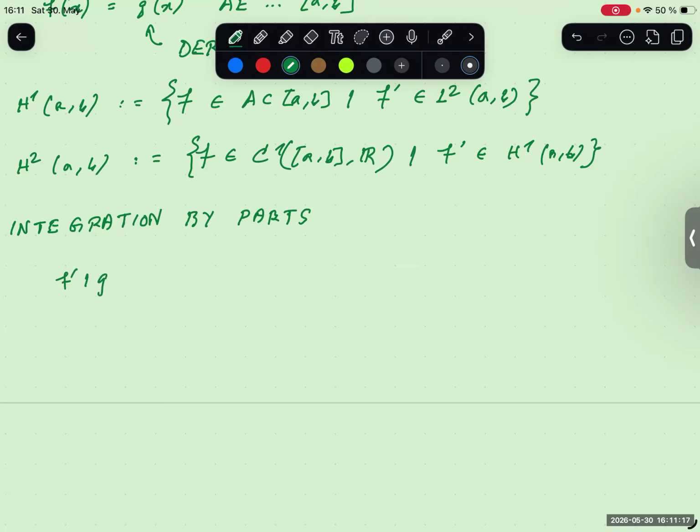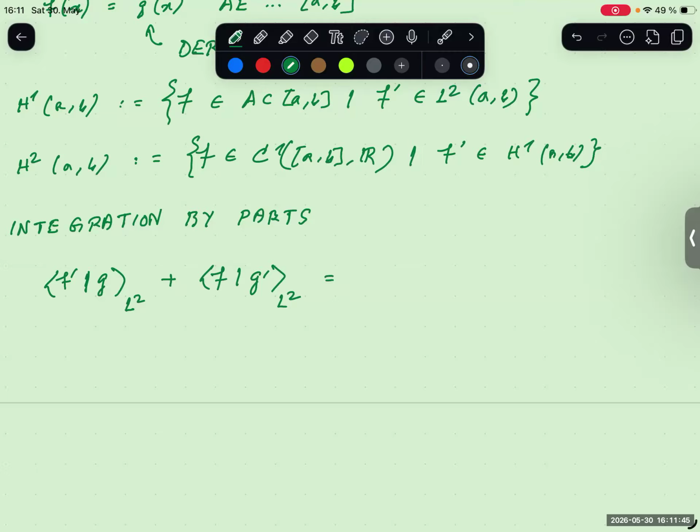So f, g, this is the L2 product, plus integration by parts the other way around, f g prime. So all are L2. Okay, better to write it, otherwise it might be confusing.